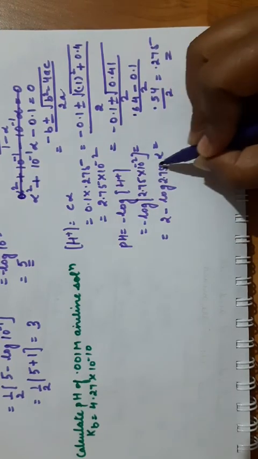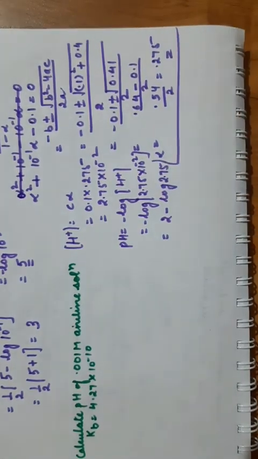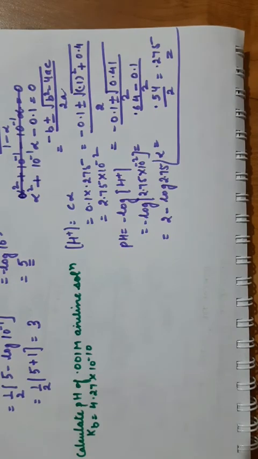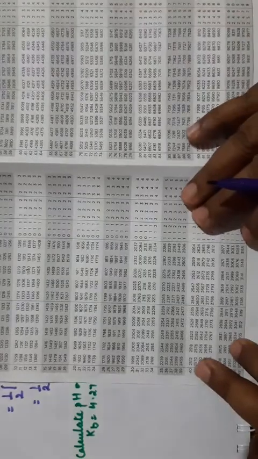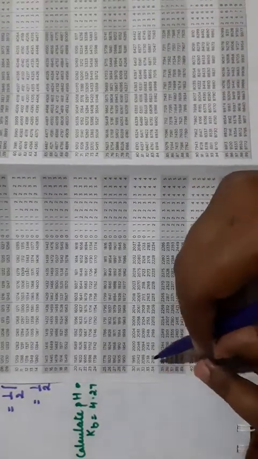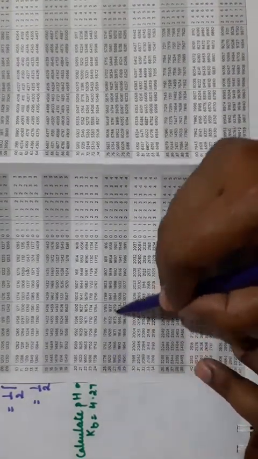Now let us calculate the value here. What is the value of log 2.75? We will see the value 27 in the log table under 5.